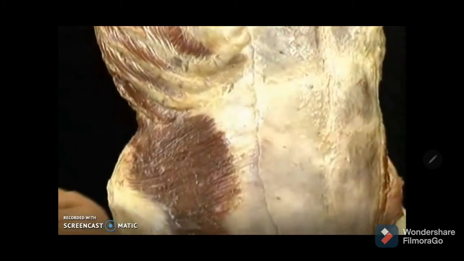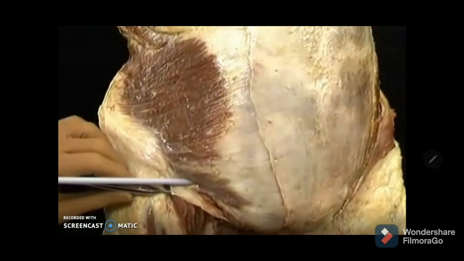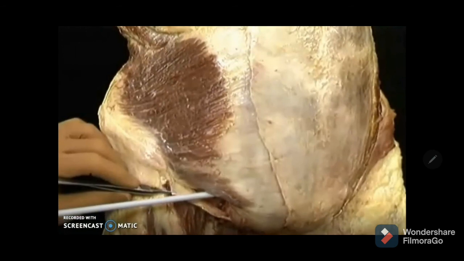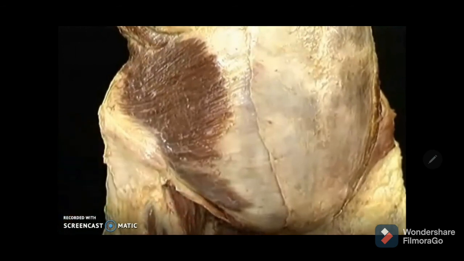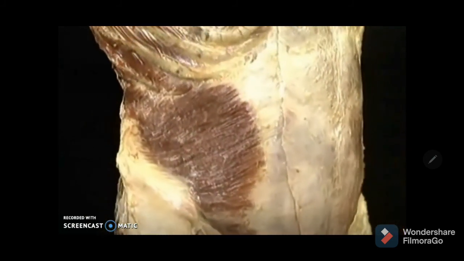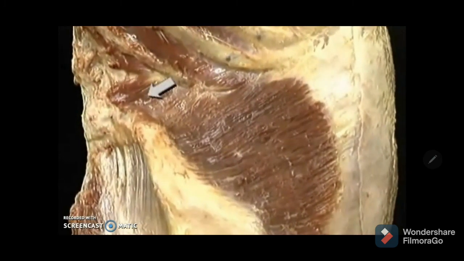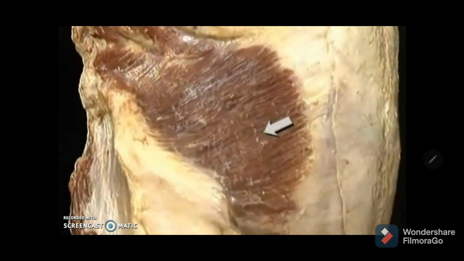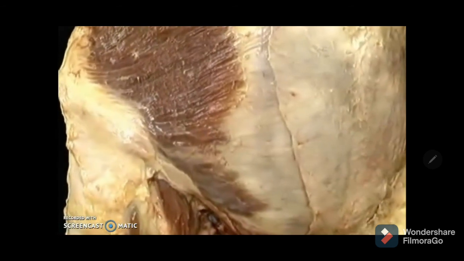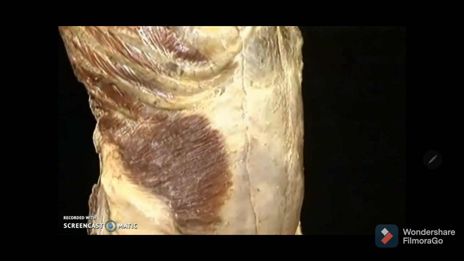Now coming to the internal oblique, you can see there it takes origin from the lateral 2/3 of the inguinal ligament. You can notice there, and also from the intermediate area of the iliac crest, and the fibers run upwards, forwards and medially towards the linea semilunaris.